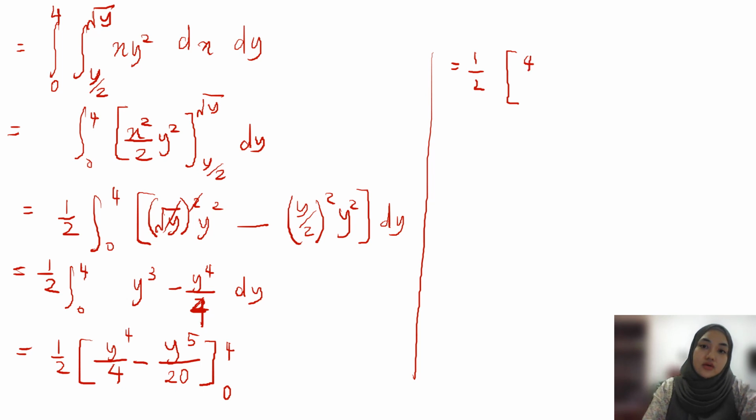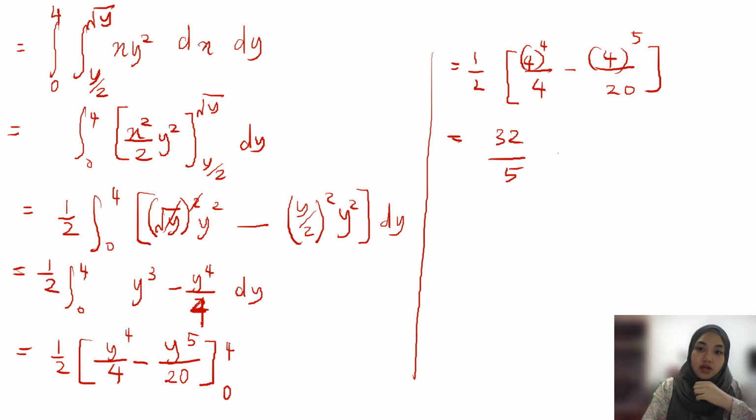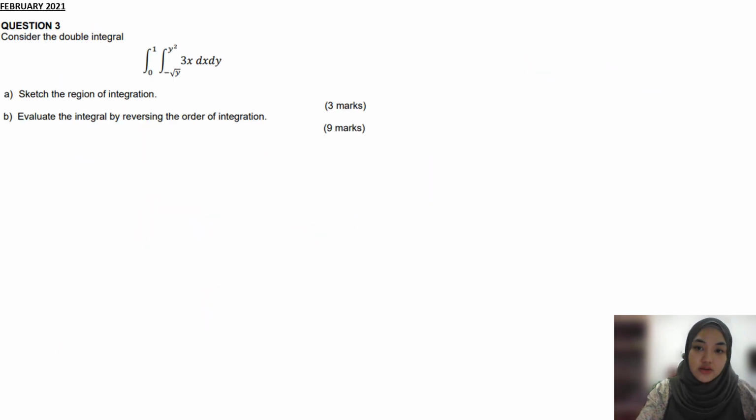So 4 to the power of 4 over 4 minus 4 to the power of 5 over 20. So the final answer you will get is 32 over 5. Okay. So that's the final answer for this past semester question. I hope you understand the reversing order.